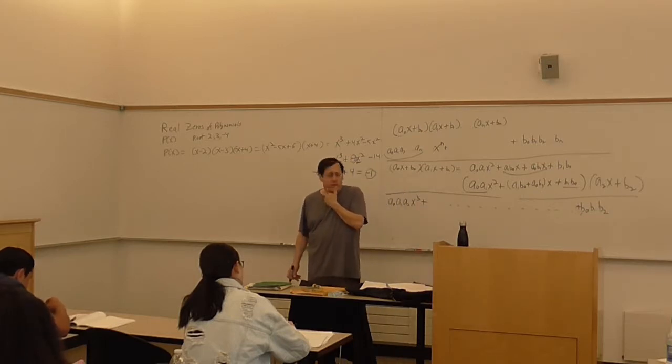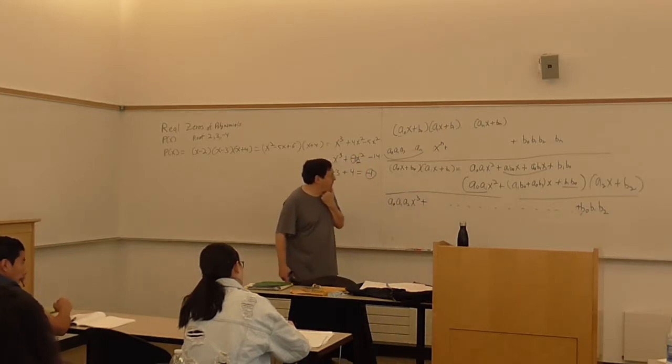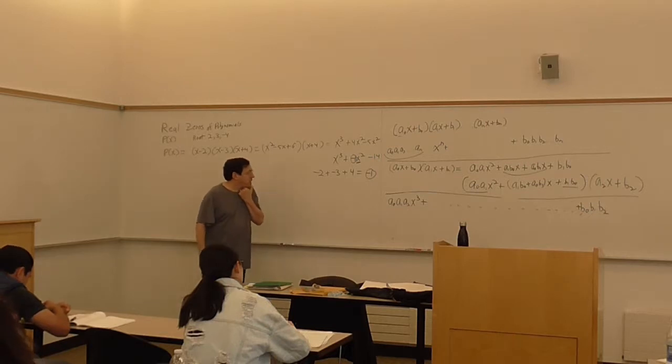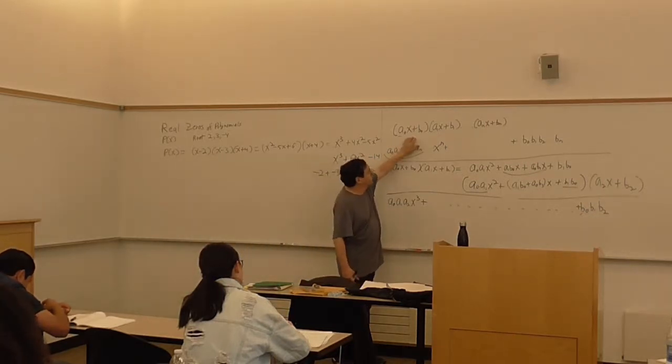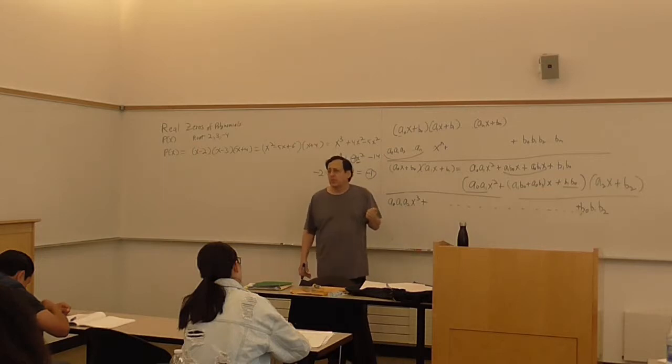So why are we concerned about them? Well, let's assume for a minute that the roots of this equation, of this polynomial, are rational. No square roots, nothing weird.